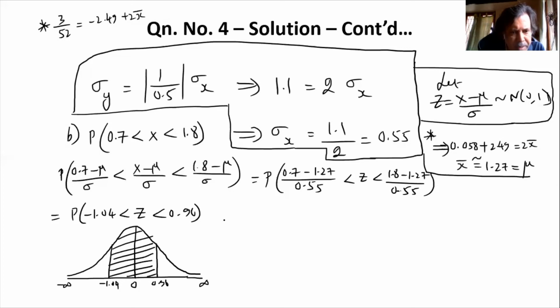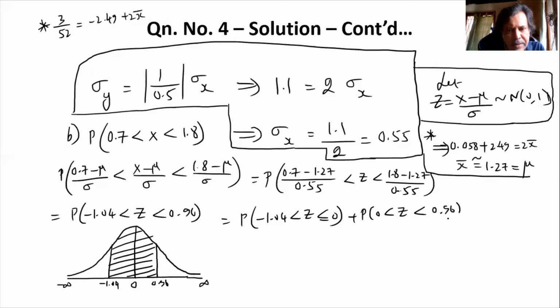So we can split this as probability of negative 1.04 less than z less than or equal to 0, plus probability of 0 less than z less than 0.96. Applying symmetry, negative 1.04 to 0 will be the same as 0 to positive 1.04. One and the same.